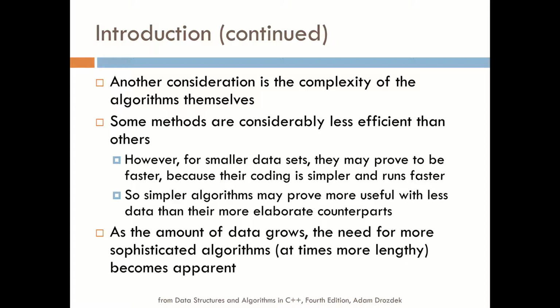But as we grow the size of our data set, it's going to be increasingly more important to pick algorithms that are efficient. For instance, if we're sorting 100 items, we could do it with just about any of the methods we're talking about. If we're sorting 100 million items that are very large in size, we do not want an inefficient sorting algorithm.